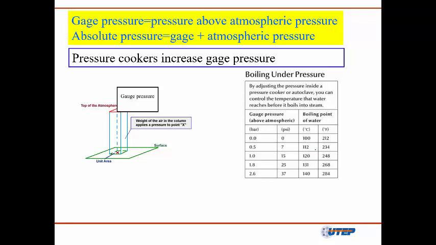So this is really important. This is why if you have a gauge pressure of 0, this has 100 degrees Celsius, because you are not adding any extra pressure above atmospheric pressure, and you can see all of this. Okay. So this is the concept of the pressure cooker.